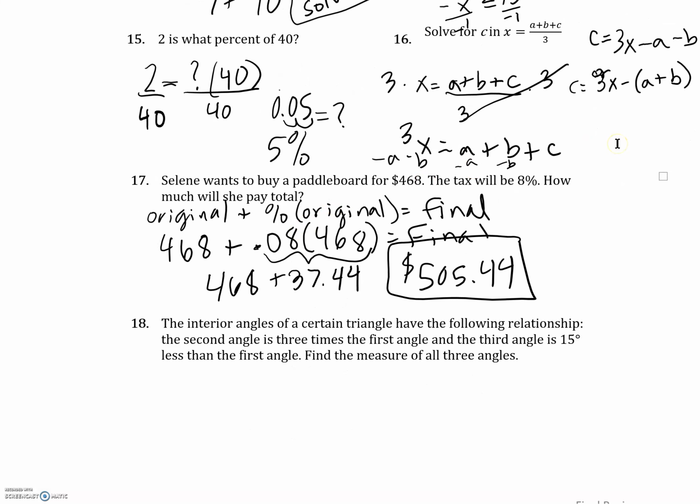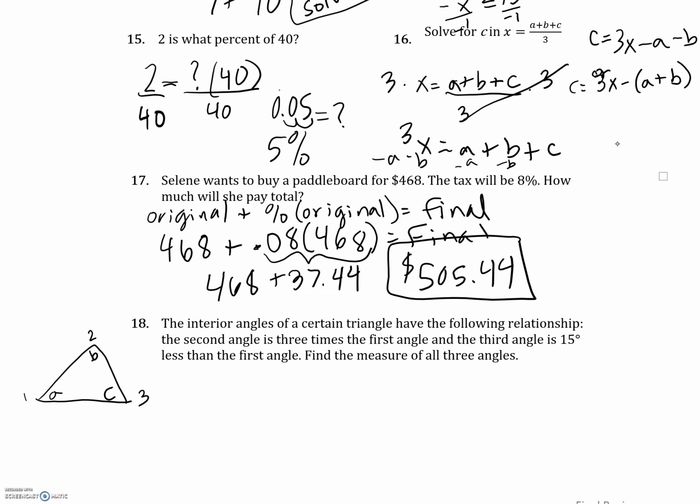Number 18 says the interior angles of a certain triangle have the following relationship. Okay, we got to draw a picture. Go with this one. We got a little triangle. I'm going to name these angles A, B, and C. A is my first, B is my second, and C is my third.